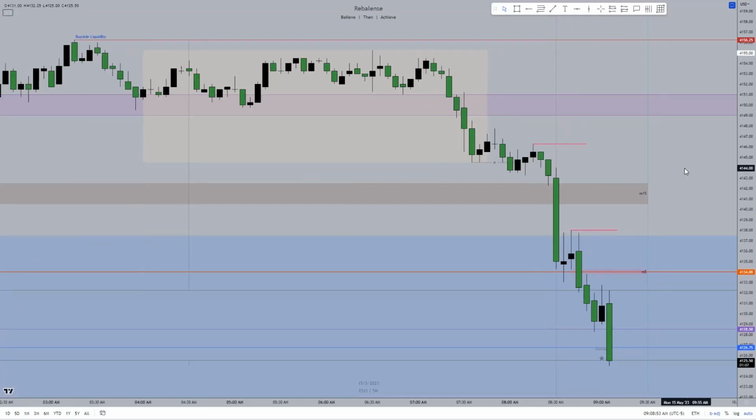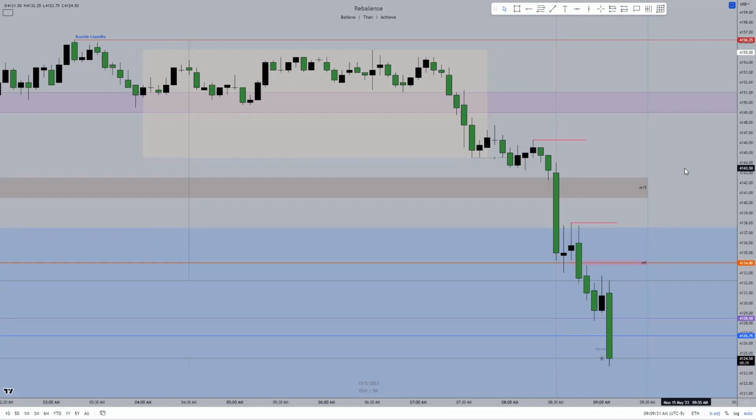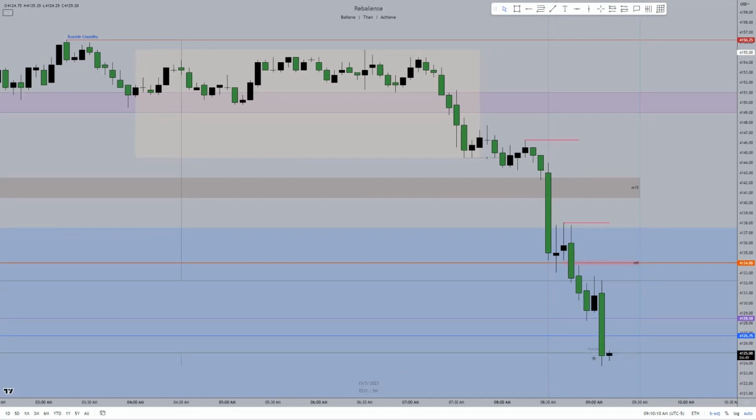And now I'm very interested to see what type of price action I get on the smaller time frames around this area if I can get what I'm looking for, which is a break of a short-term high, leaving an imbalance ideally, which could then offer support for me to take a buy.